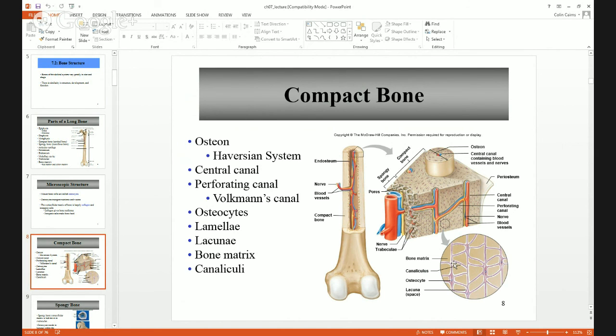There are canaliculi, those are for transporting waste and nutrients between the bone cells. And the matrix itself, that's again collagen and ground substance. So that's a look at the compact bone.